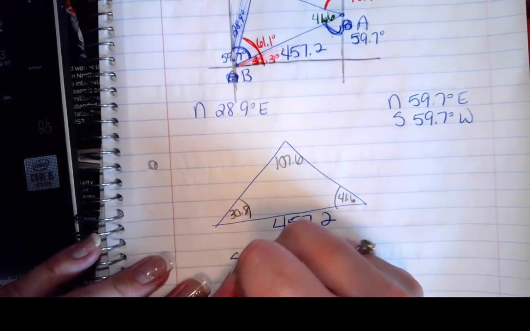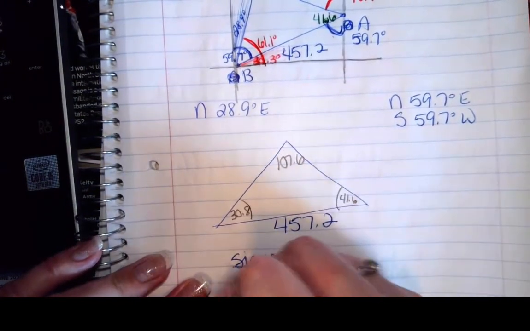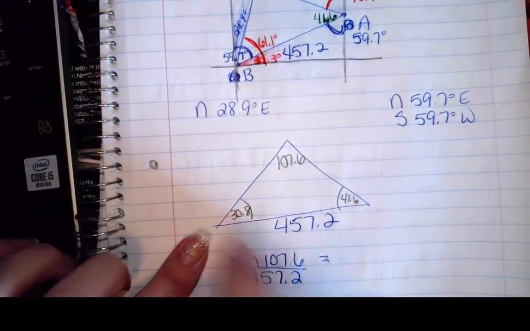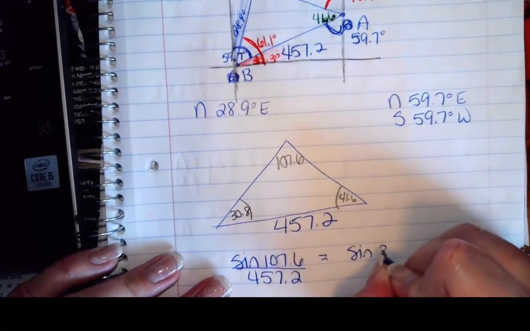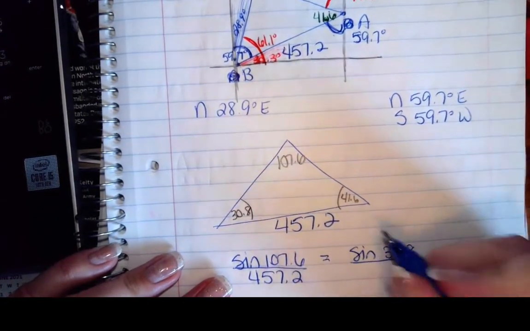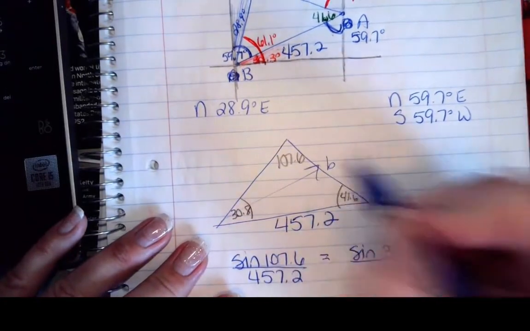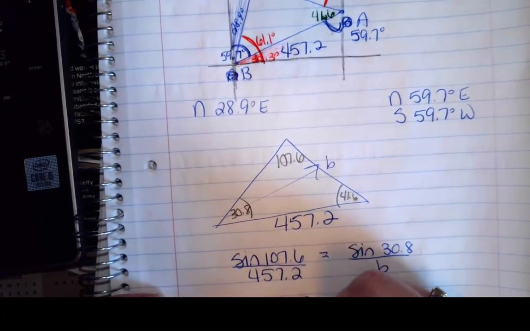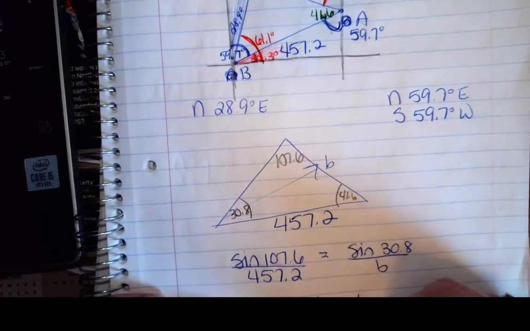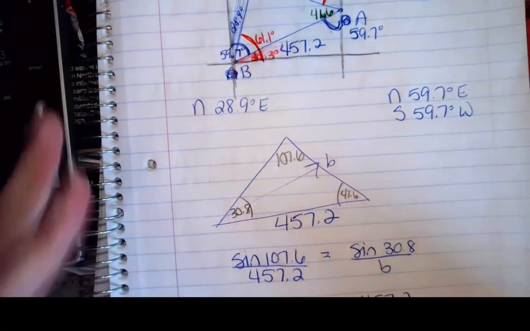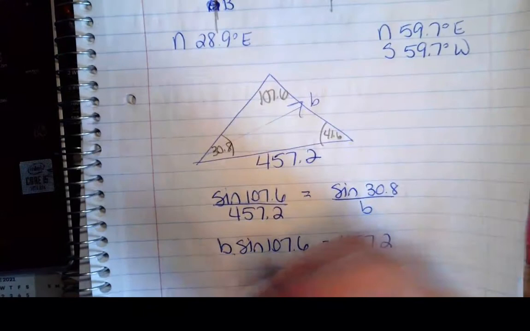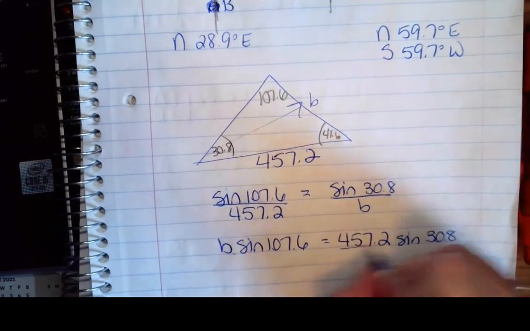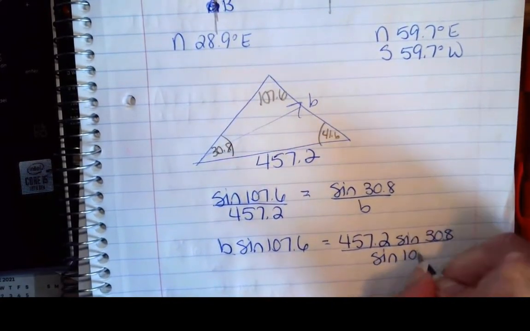Okay, and so I've got a completed ratio. So the sine of 107.6 over 457.2, I'm going to go for the smaller angle, equals the sine of 30.8 over, we're going to say B. So cross multiply, I get B times the sine of 107.6 equals 457.2 times the sine of 30.8, and then divide both sides by the sine of 107.6.